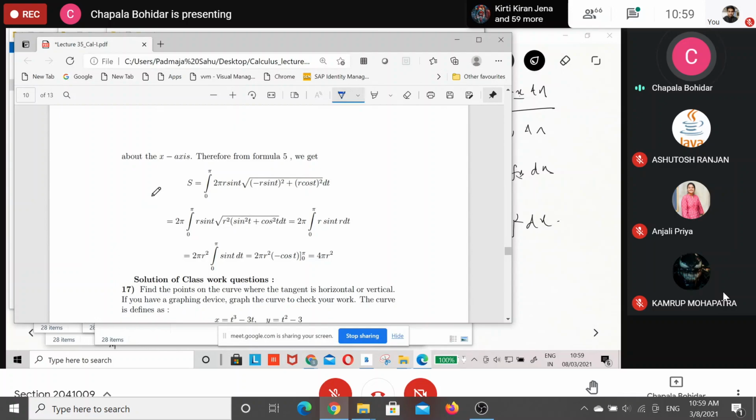About the x-axis, write down 2 pi y, where y is equal to r sin t, then root of dx by dt square plus dy by dt square dt. Then simplifying, we must get the value 4 pi r square.